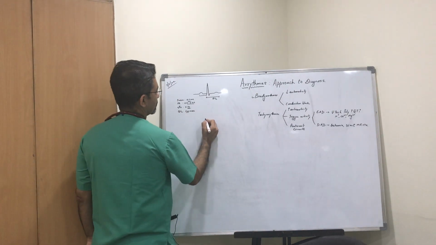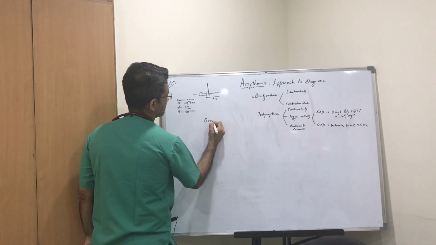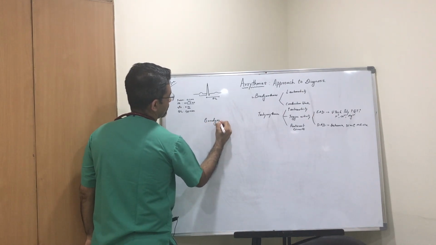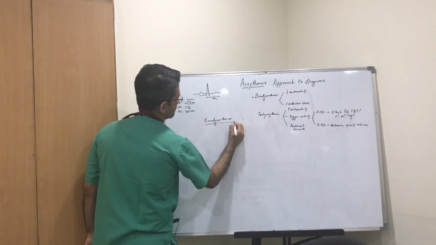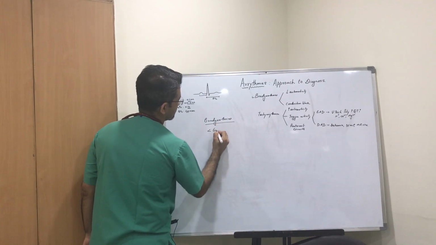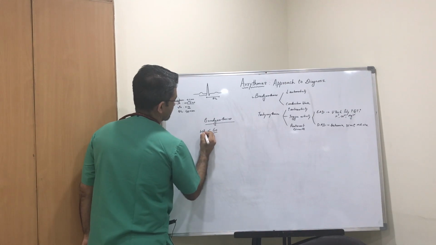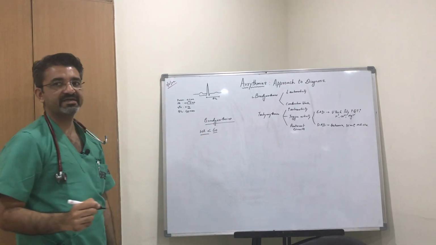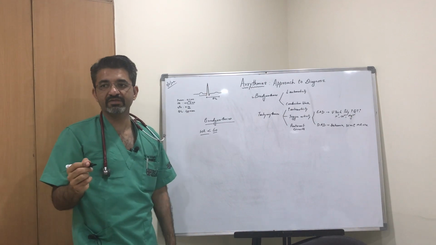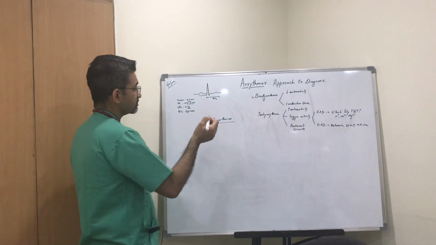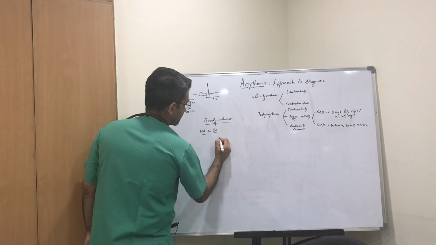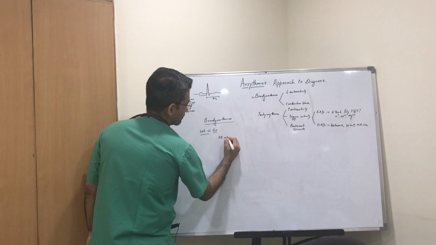So if we talk of bradyarrhythmias, the first thing would be that the heart rate would be less than 60 as a rule. A bradyarrhythmia cannot have a heart rate which is more than 60. It has to be less than 60, right? Now you see the PR interval.